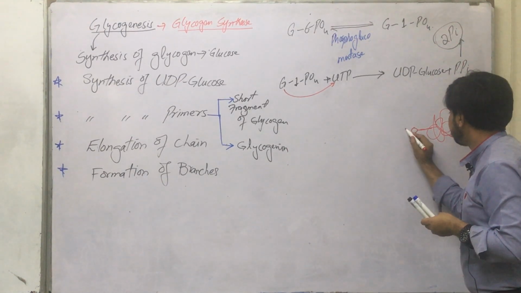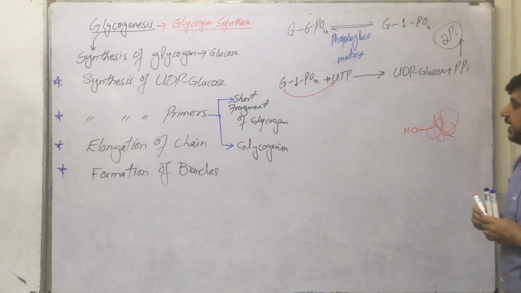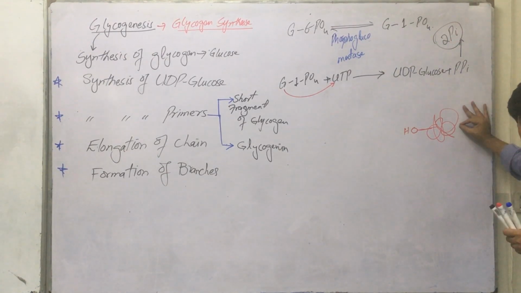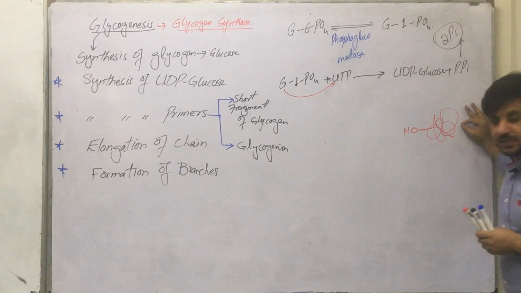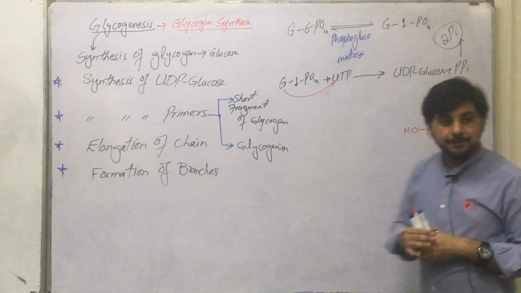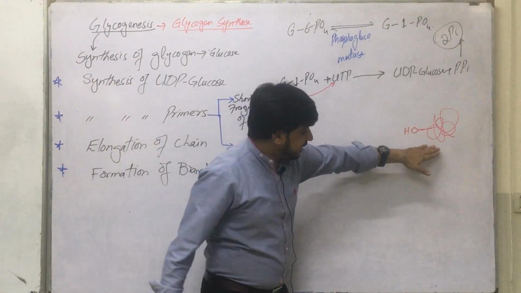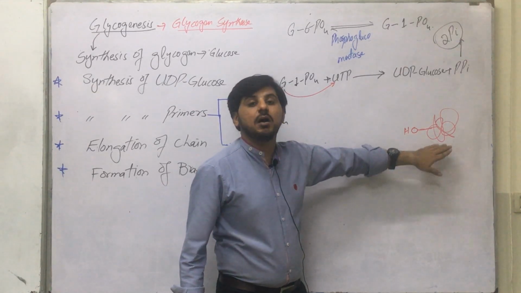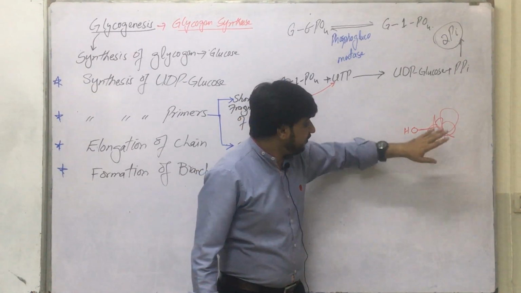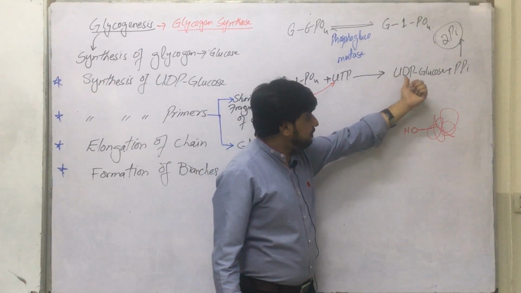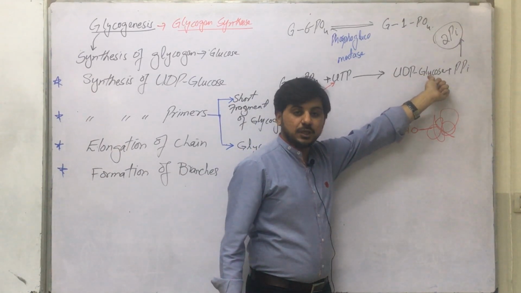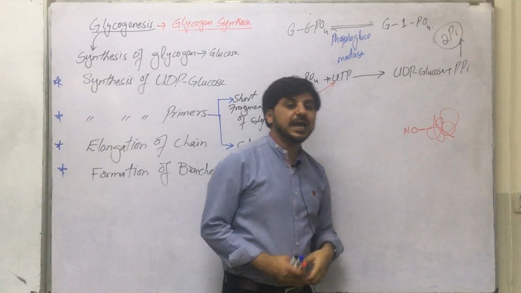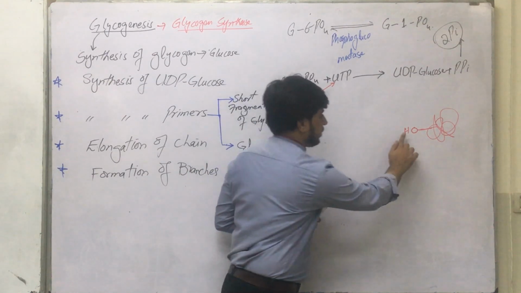Here we have the hydroxyl group, and this glycogenin is acting as a primer. With the help of its property, which is the autoglycosylation, the UDP will give off its glucose to this molecule like this.